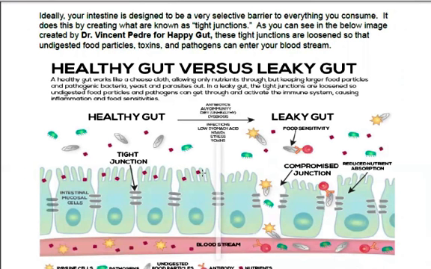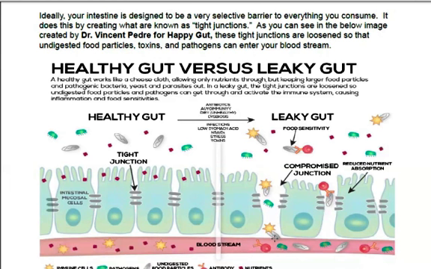However, inflammation and certain food choices create what's called a leaky gut, where those tight junctions have open spaces. And so they're no longer a tight junction, but there's an open space so full proteins can enter into your bloodstream as well as toxins. Now, toxins would create inflammation because your immune system would directly target those toxins.